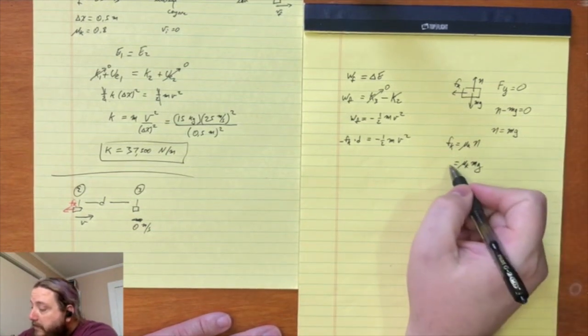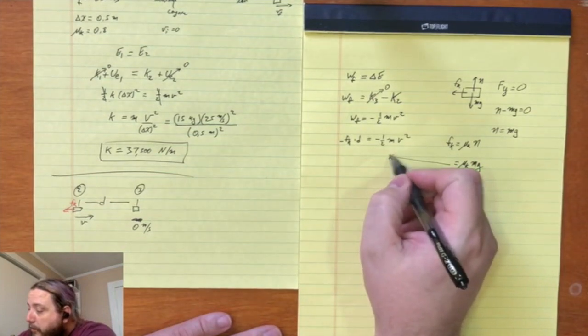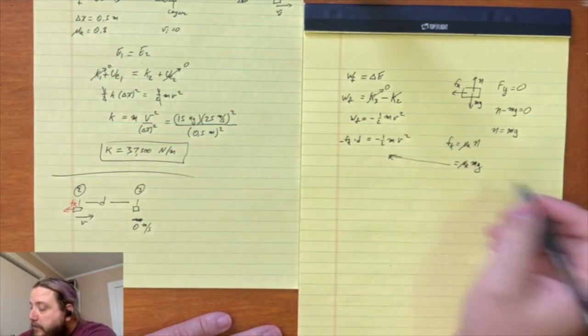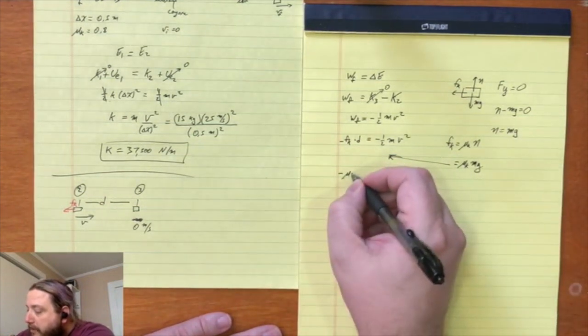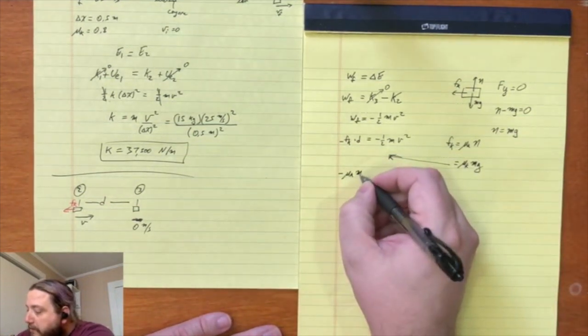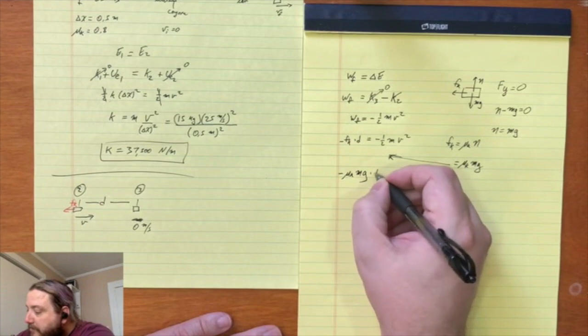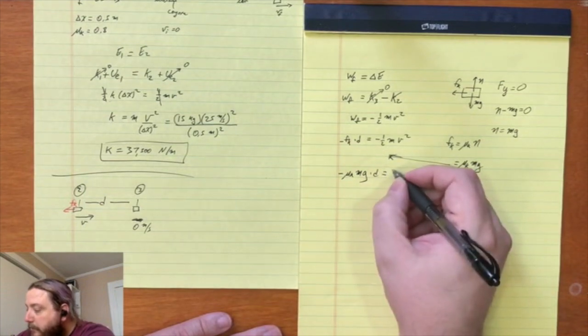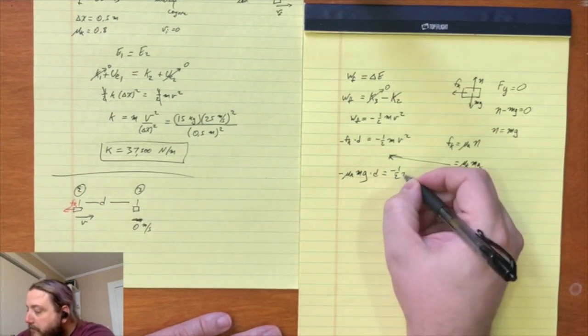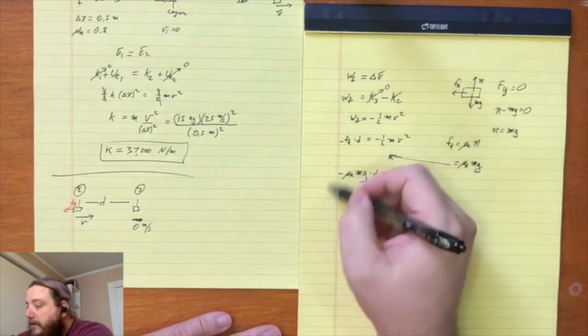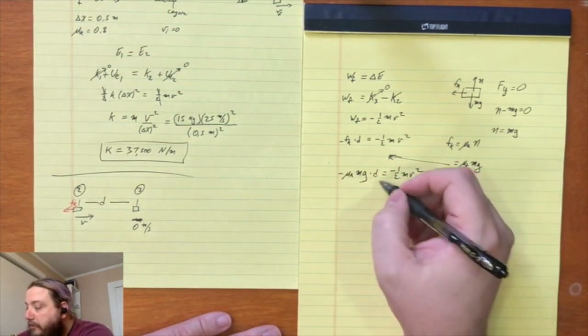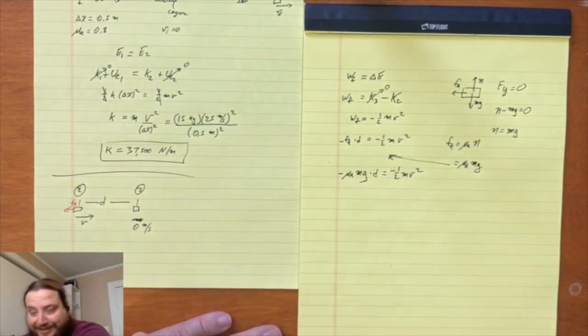And so we can plug that back in over to our work energy equation here and say that minus mu k times mg times d is equal to minus 1/2 mv squared. And now we finally have our algebraic equation, which we can solve for. In this case, we're trying to solve for the distance.